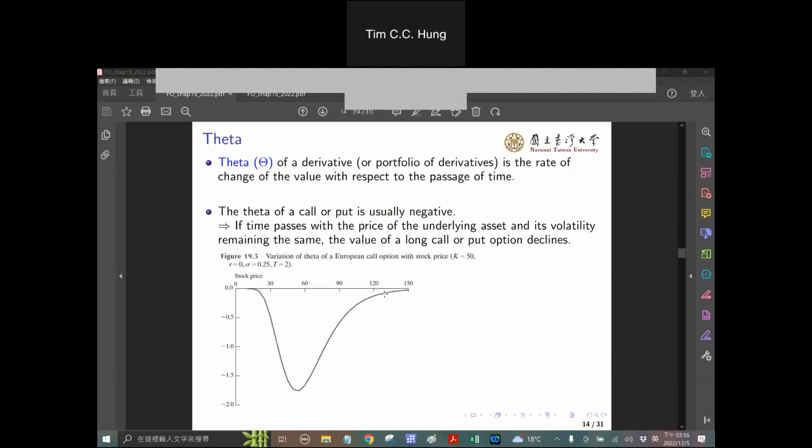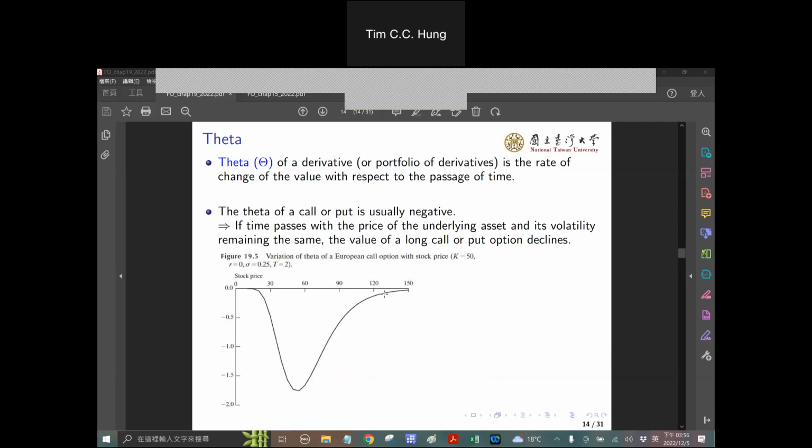Obviously, you could also try to do hedging according to a lot of different parameters. For theta, basically, we're discussing the price change of the derivative or the portfolio of the derivative with respect to the passage of time. So now we're focusing on time. That is the idea about theta.